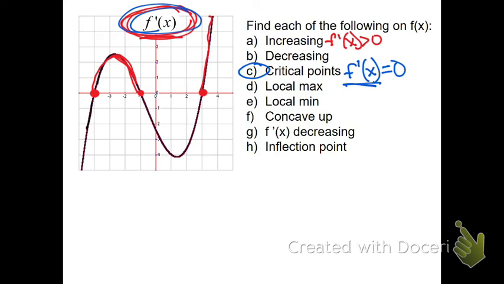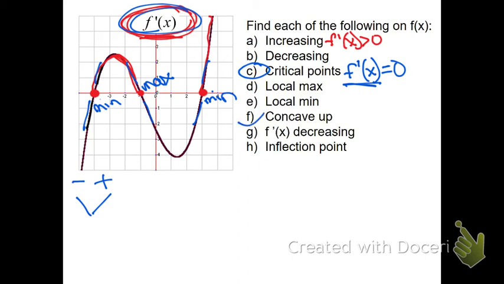So this one's going from negative to positive, and this one's going negative to positive. So if your slope goes from negative to positive, that is a min. These two are mins. The other one goes positive to negative. That one's a max. Okay, let me clean it all up now.